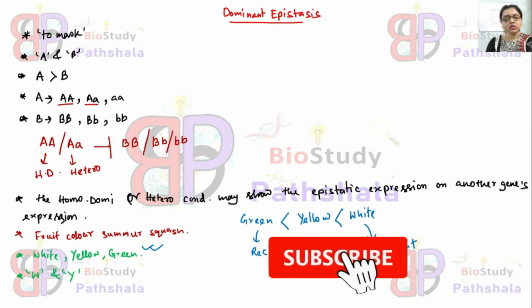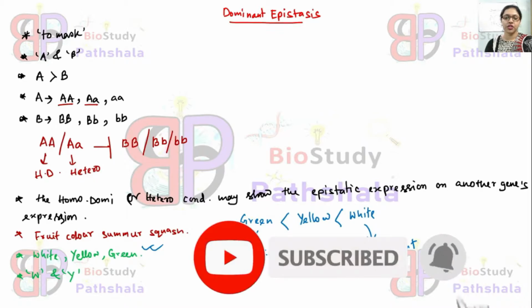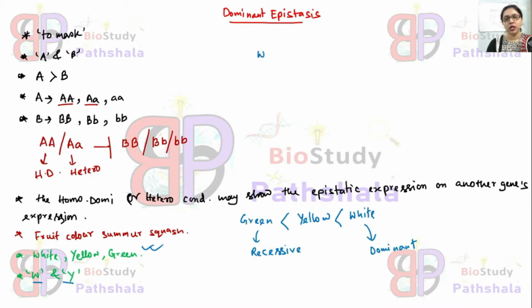The genes responsible for the coloration of these colors are W and Y. The W gene genotypes are capital W capital W, capital W small w, or small w small w. Although small w small w doesn't show any expression, the other two genotypes produce the E1 enzyme, which leads to white coloration.